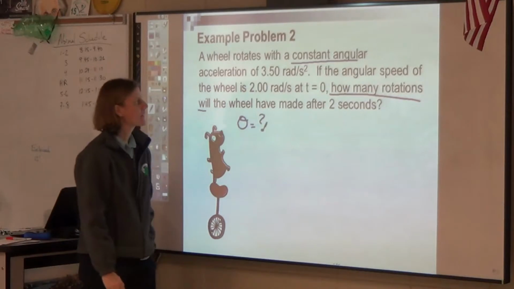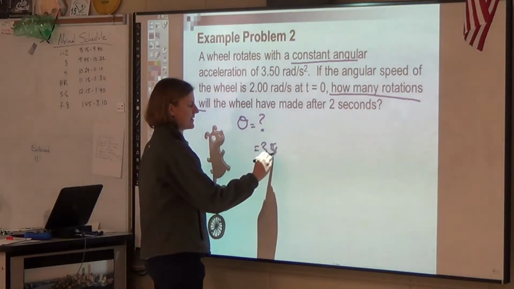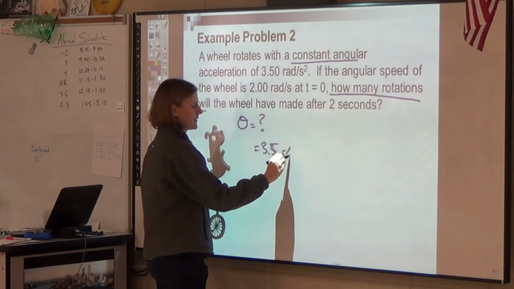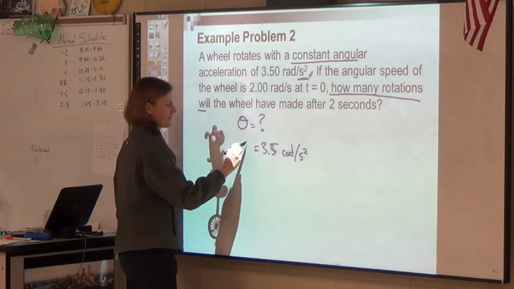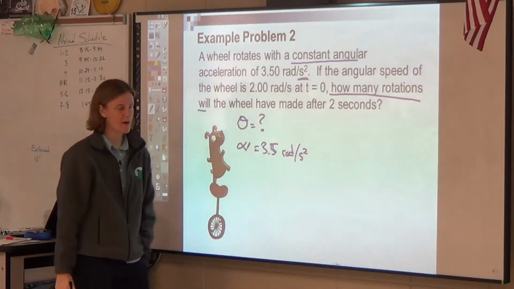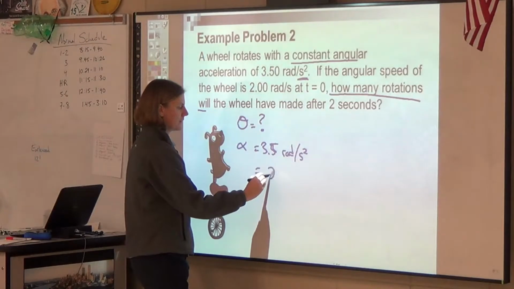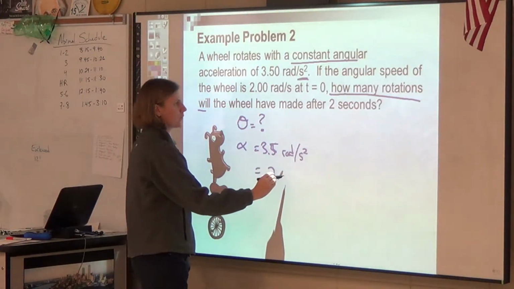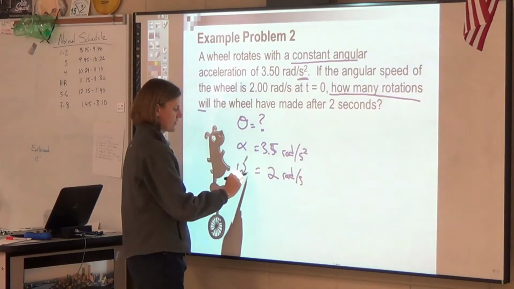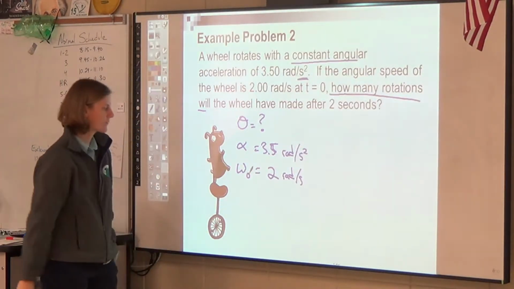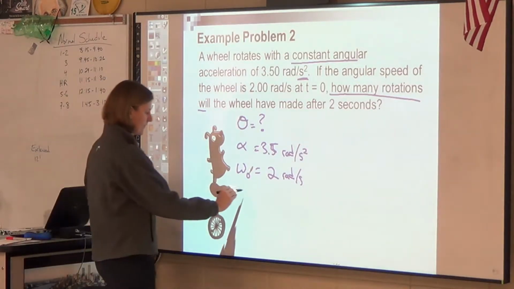Okay. Then we got 3.5 radians per second squared. Good. Just notice the second squared. That's definitely going to be our acceleration, but we're going to call it alpha this time. And what's the 2? More specific. Good. That's our initial omega. Call it omega naught, omega I. And we have time. Excellent.